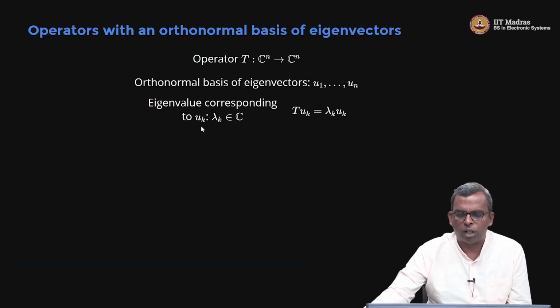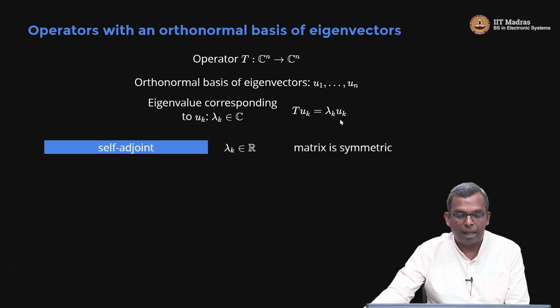We have an eigenvalue corresponding to uk, which is lambda k, which could be a complex number in general. T uk is lambda k uk. Now, if the operator is self-adjoint, we know that this lambda k is real and the matrix ends up being symmetric or Hermitian symmetric. We say symmetric in the real notion, Hermitian symmetric in the complex notion. So, self-adjoint is very easy. It's a special case of this.